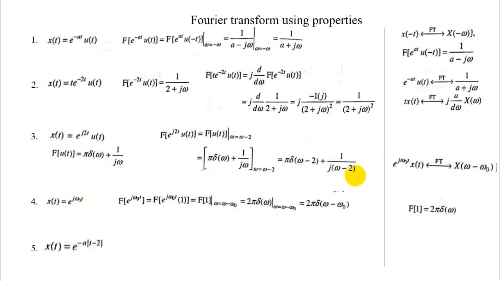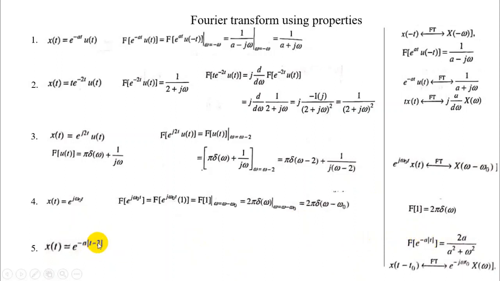The final one in this presentation is x(t) equals e to the power minus |t minus 2|. We already know the Fourier transform of e to the power minus a|t|, as I have discussed in a previous video, that the Fourier transform of that function is 2a over a square plus omega square, but the difference is that t is replaced by t minus 2.